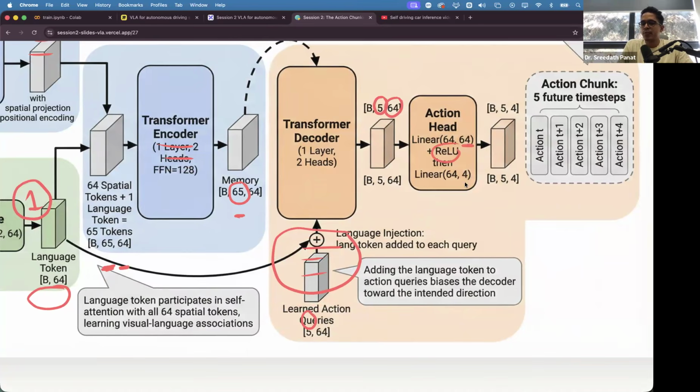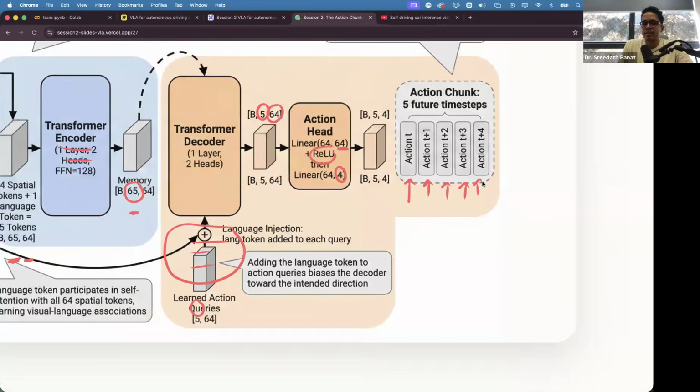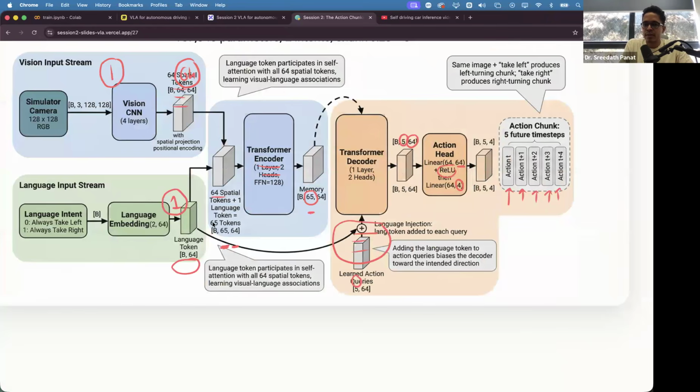Then from there, you project into a 4 dimensional layer. So now you have finally 5 action chunks. The only difference here is this language injection. Language injection makes the number of tokens, instead of 64, 65. And here also you inject the language.